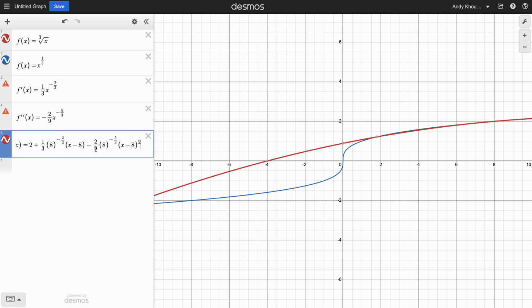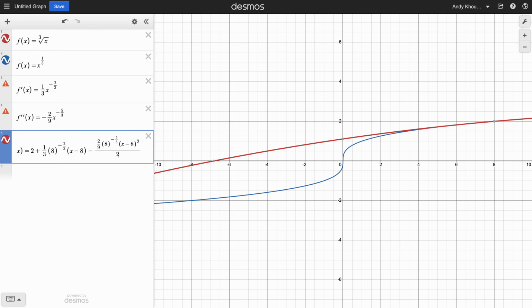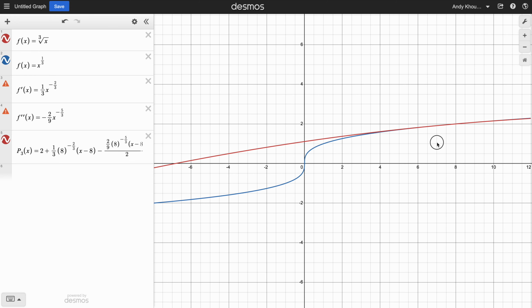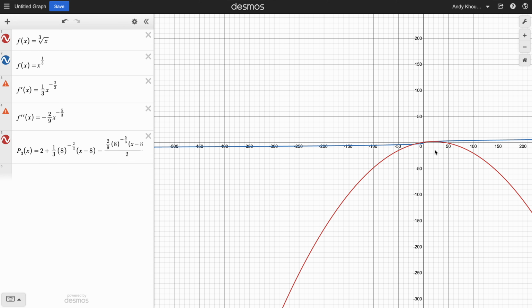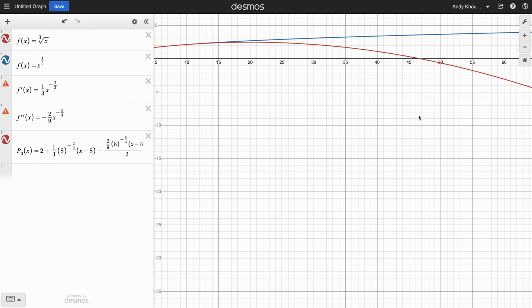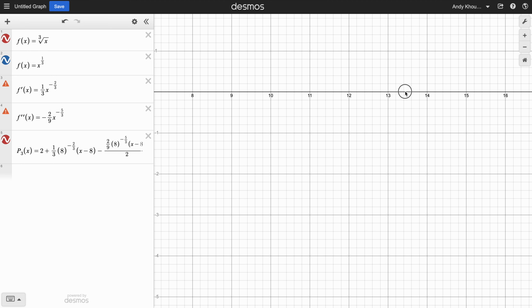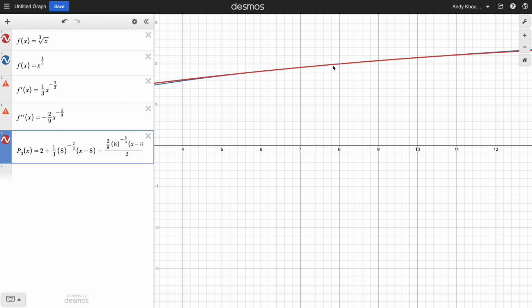But then don't forget about your little 2, so we're going to divide everything by 2. And this gives me my polynomial approximation here in terms of 8, which is right here.